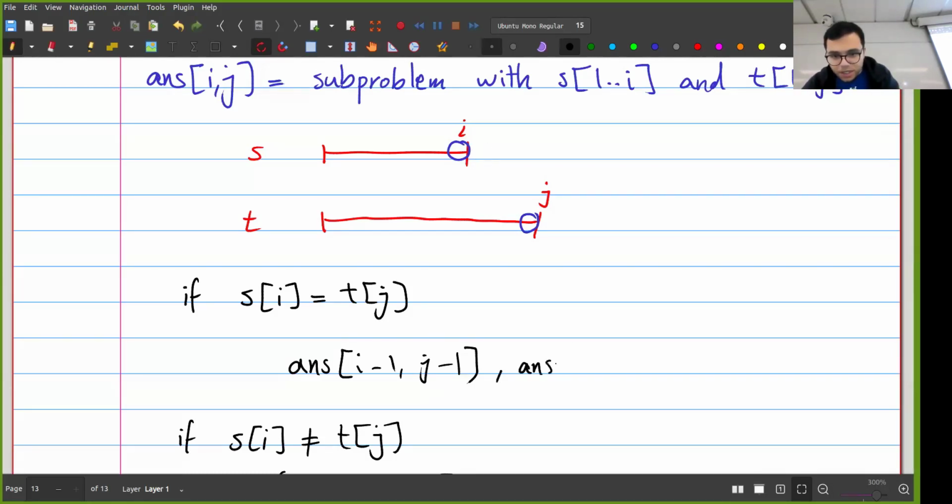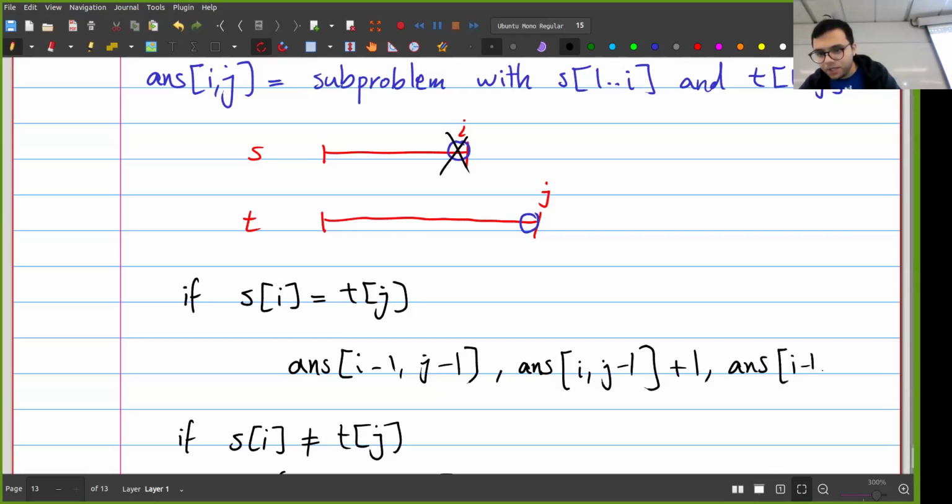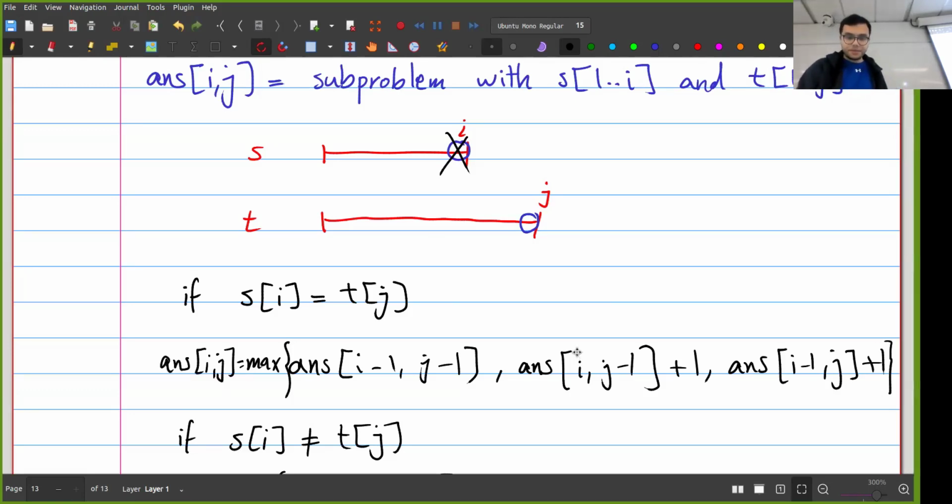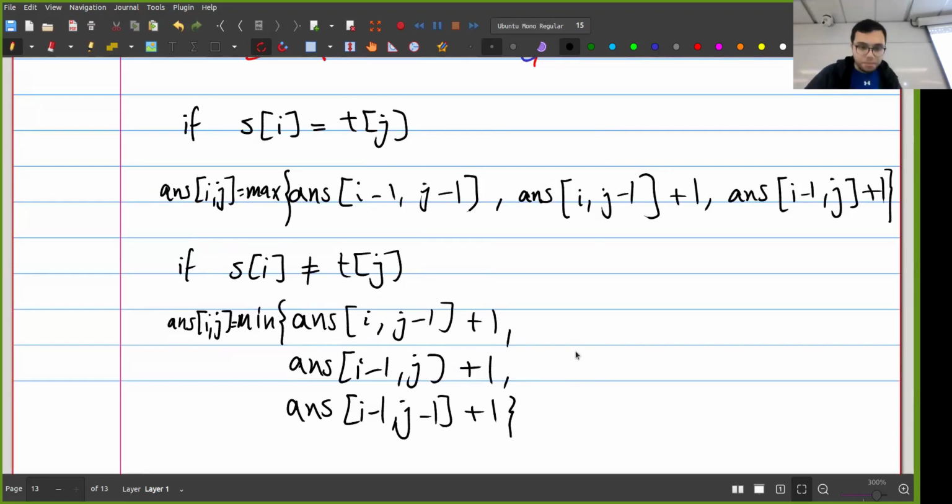So that would give me ans of i, j minus 1 plus 1. Or the case where I'm deleting this letter, which gives me ans of i minus 1, j plus 1. And again, I take the minimum of all of these. And I say that's ans of i, j.